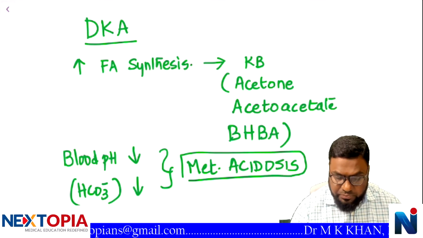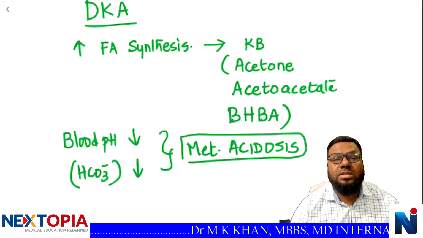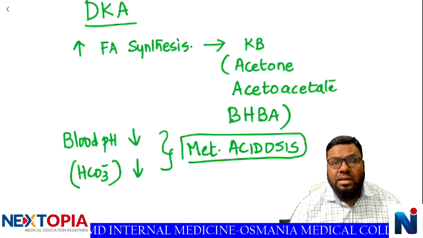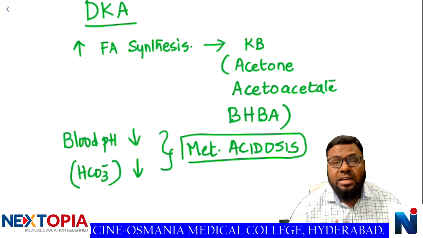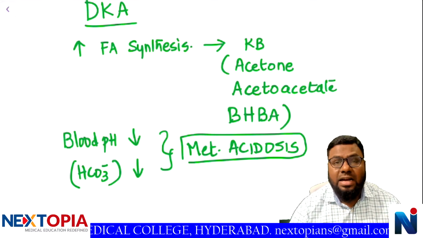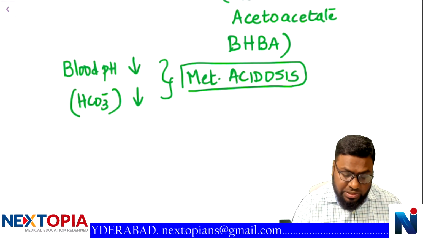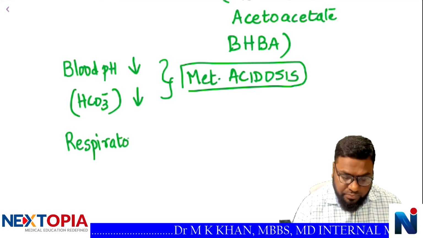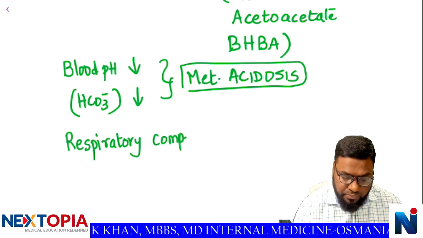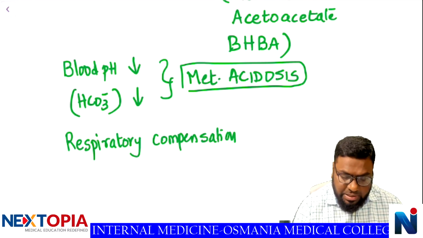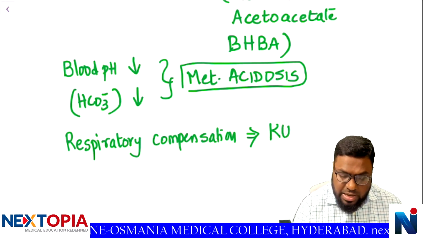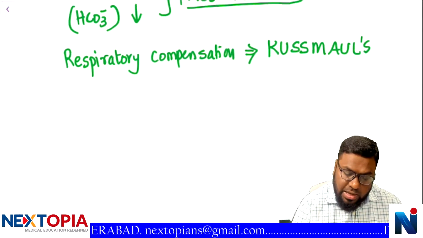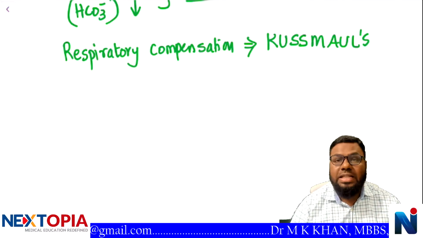Are you able to follow this? In diabetic ketoacidosis, our body tries to compensate by increased respiratory rate, so that carbon dioxide is exhaled out. Because of this respiratory compensation, this person develops air hunger type of breathing called Kussmaul's breathing.